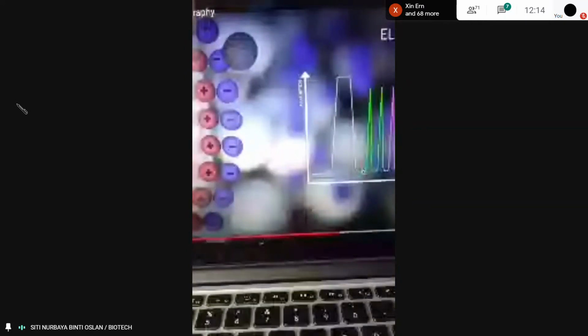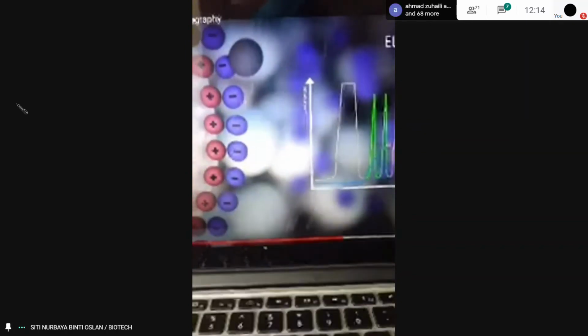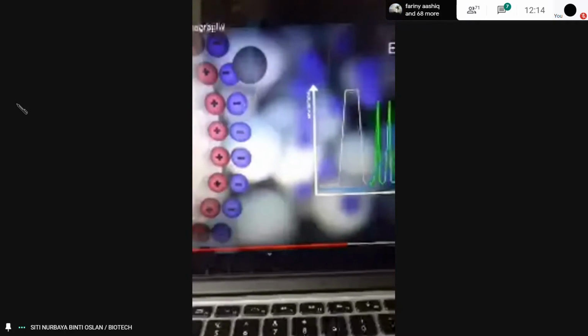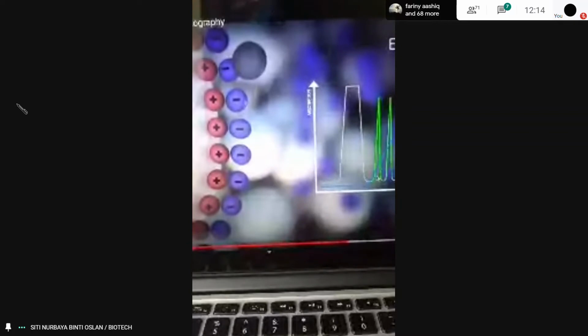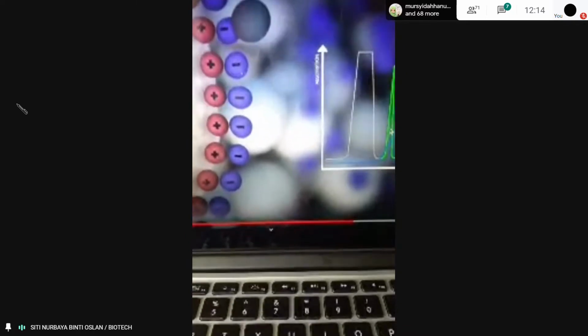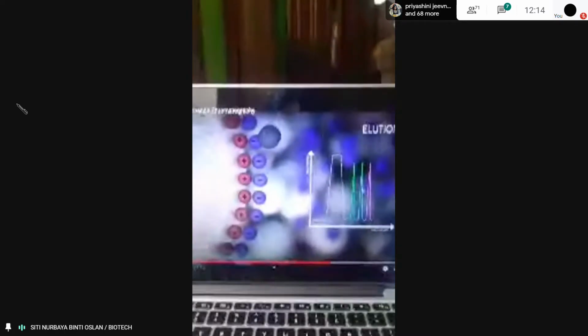As we increase the gradient, I mean the salt concentration, of course it will come with different pH strength. So what happened? The weakest negatively charged protein will be eluted out, will come out first, followed by the second, before the strongest one coming out.